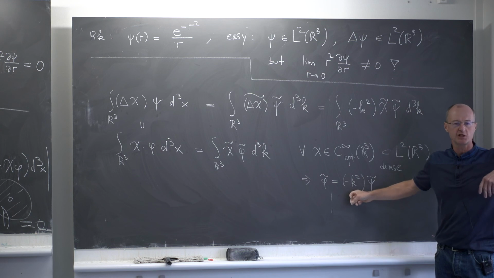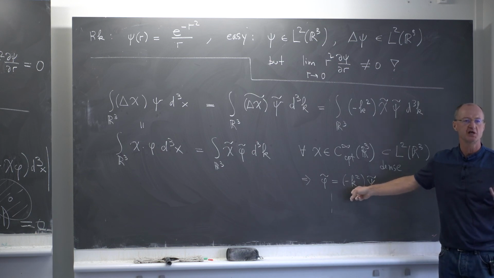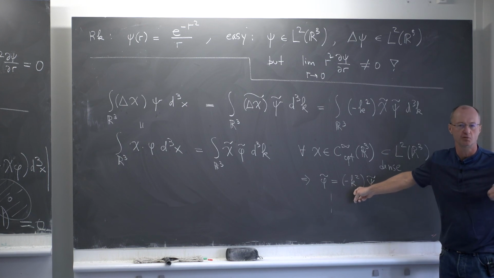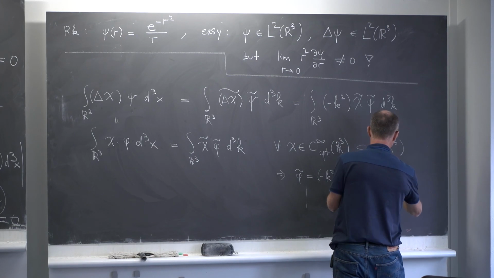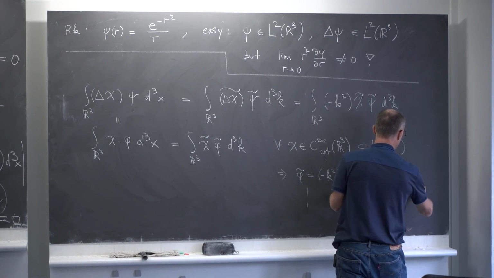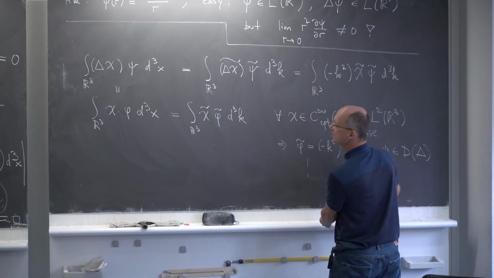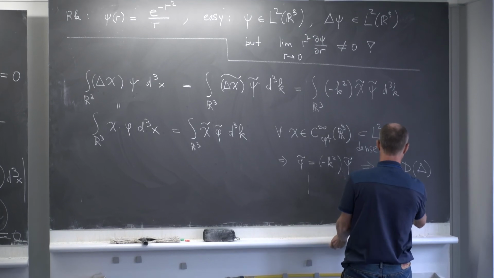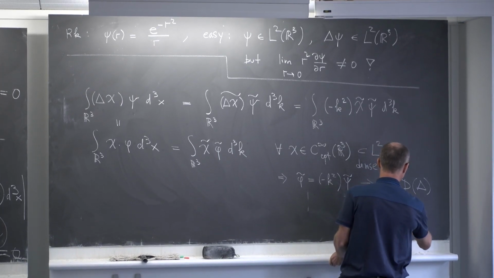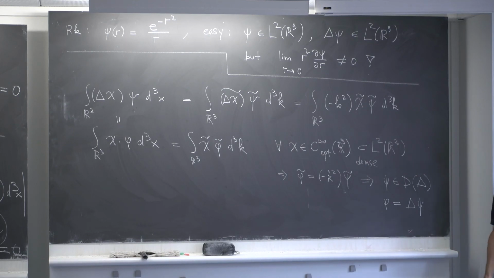We define the Laplacian by Fourier transform and then multiplying by minus k squared and then the inverse Fourier transform. So this implies what we want. So psi is in the domain of the Laplacian, and this element phi is the image of psi under the action of the Laplacian.